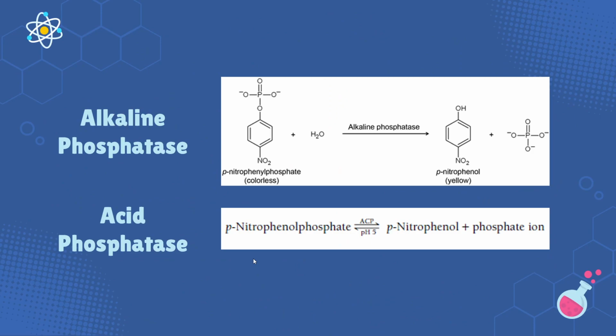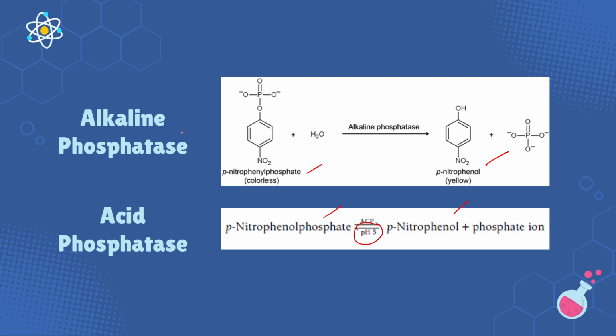So, this is the chemical reaction of your alkaline phosphatase and your acid phosphatase. So, basically, they use the same substrate. Usually, it is your p-nitrophenyl phosphate, and then the product would be your p-nitrophenol. So again, what differs is in terms of the pH that is needed to be maintained.